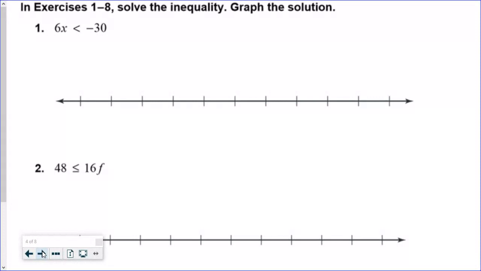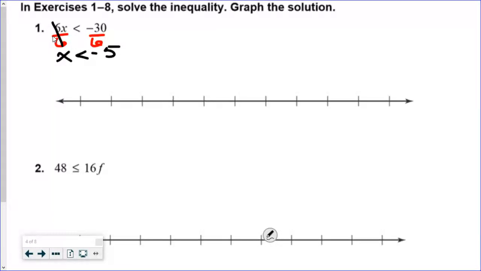Number one, like normal, divide, because that's 6 times x, that's the opposite. So we have x is less than -5. That's my solution. Please take a moment to make sure the number is on the right and the variable's on the left.